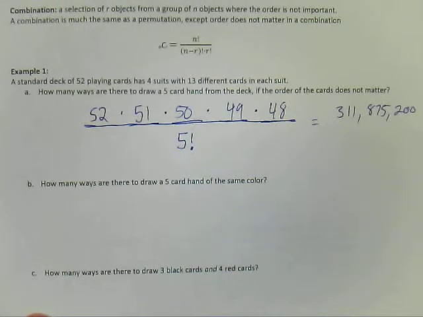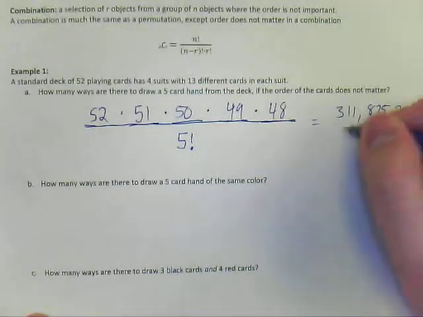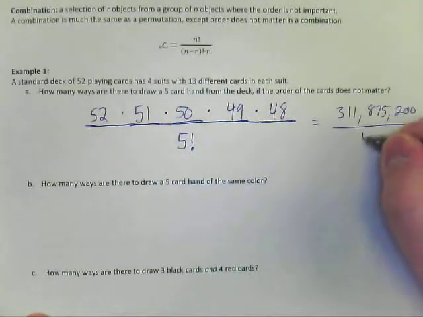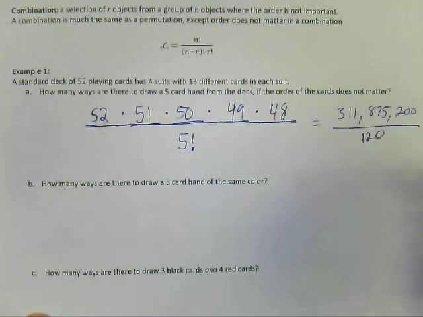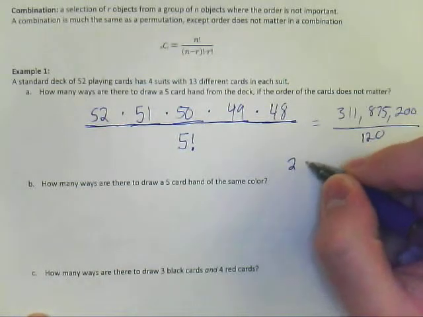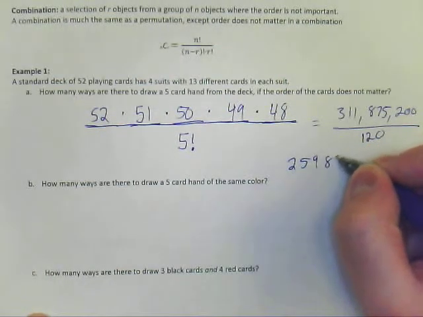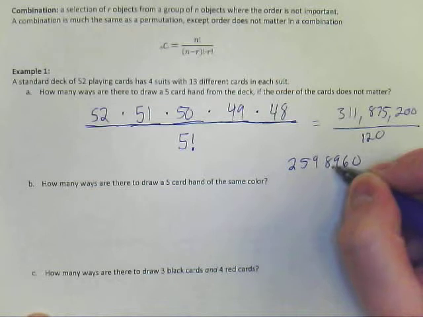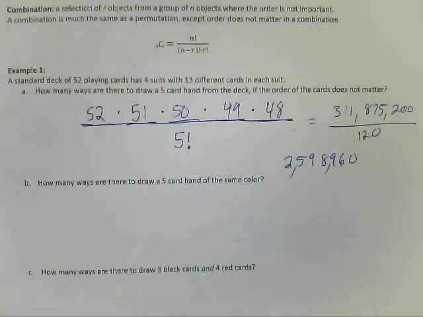And since I don't care about the order, I need to divide off 5 factorial. 5 factorial is 120. And so if we do that, we're going to get 2,598,960. So about 2.5 million different ways to draw 5 cards off of the deck if the order of those cards does not matter.